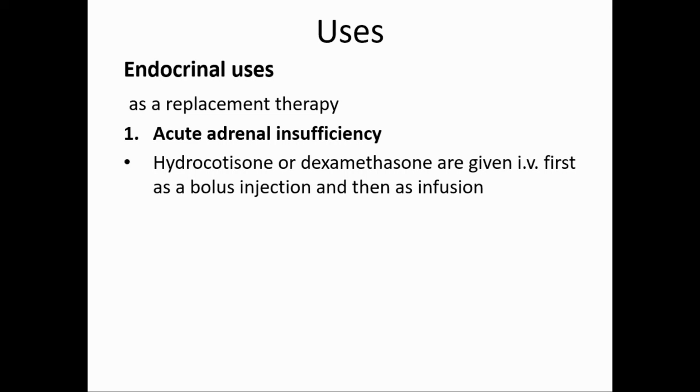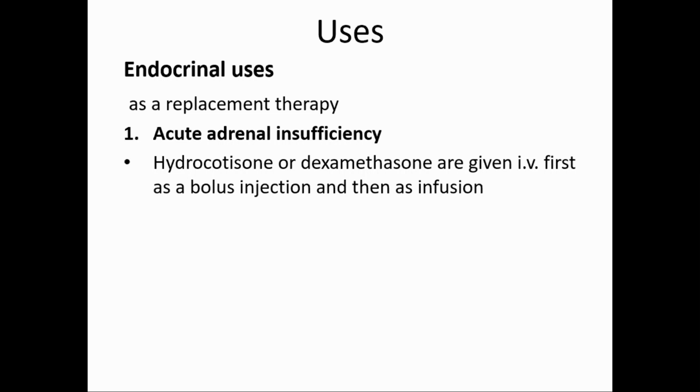Why is intravenous hydrocortisone more preferred over other forms of glucocorticoid? Because hydrocortisone is the only corticosteroid which has equal mineralocorticoid as well as glucocorticoid activity. So hydrocortisone IV is given, and in some cases dexamethasone IV is also given.